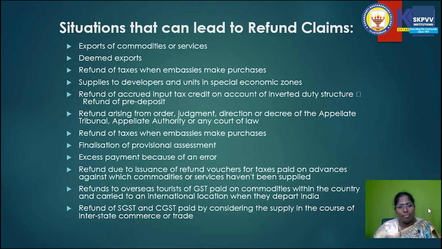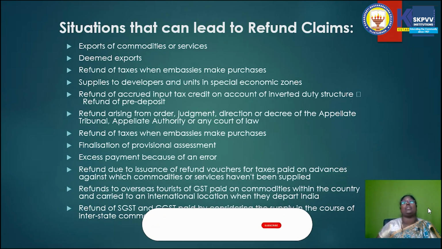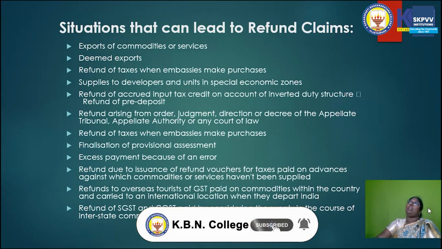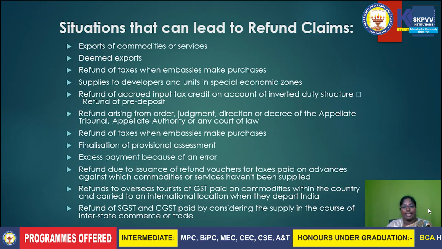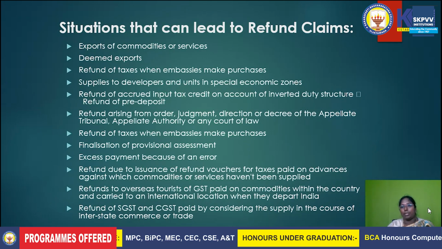Then refund of any SGST or CGST paid, considering supplies. For example, now I have an input tax credit. In the previous example, we used 1,000 rupees for a sales invoice as tax, and the purchase invoice was 800, so 200 was paid to the government.